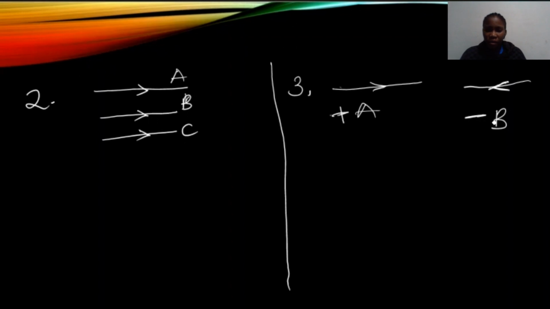So when two vectors are pointing in opposite directions, one thing I use to get which one is positive and which one is negative is basically my Cartesian coordinate. Let me do a small Cartesian coordinate.